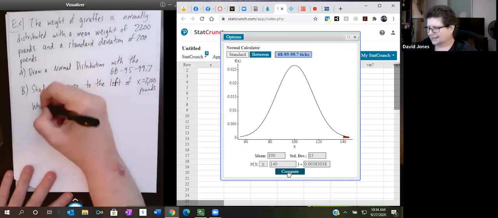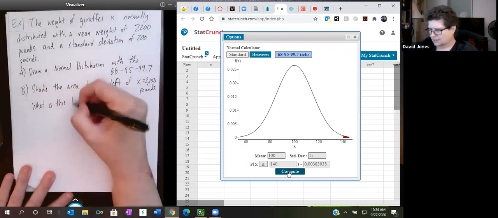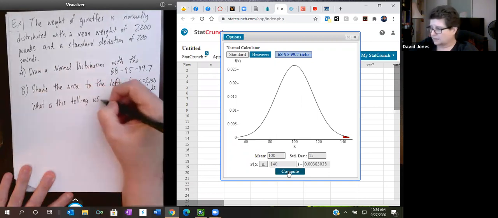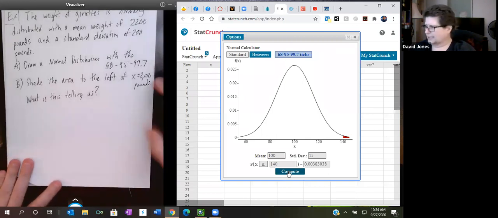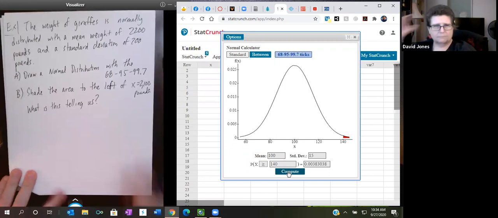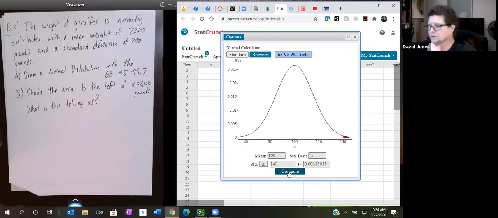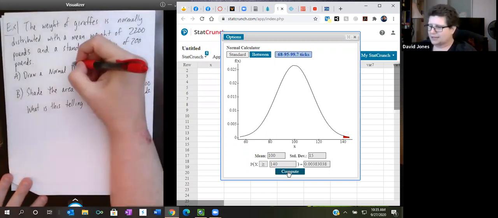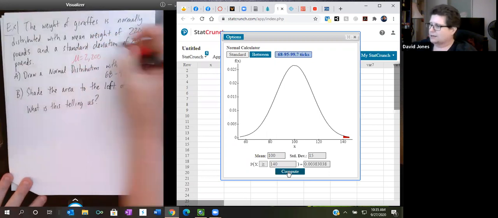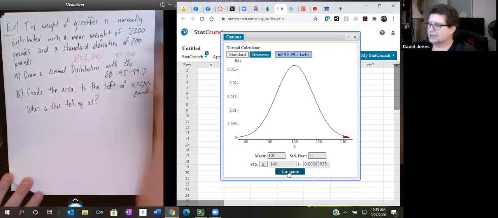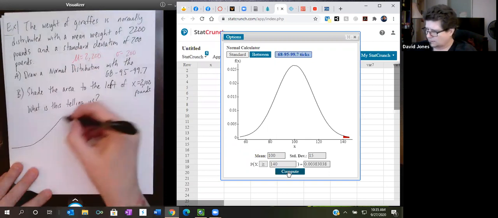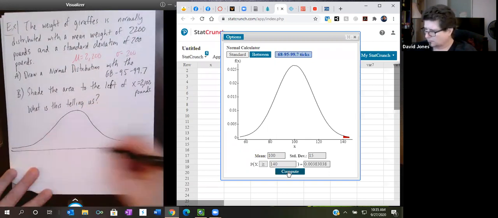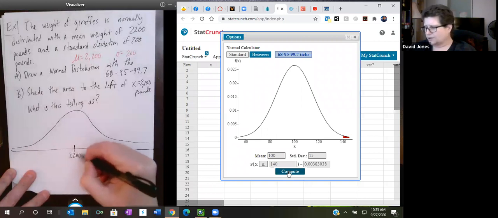And what is this telling us? That's our problem. So we're going to start off. Well, first you need to identify the mean and the standard deviation. They give us the mean is 2,200. Standard deviation, they tell us, is 200. So we put 2,200 in the middle.